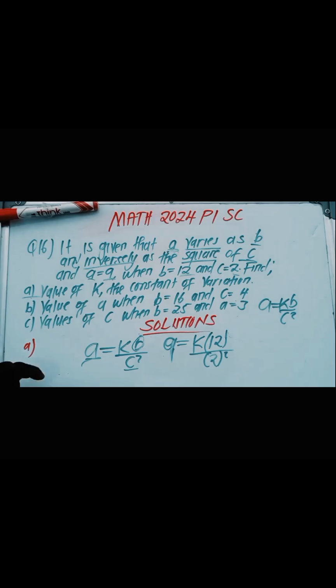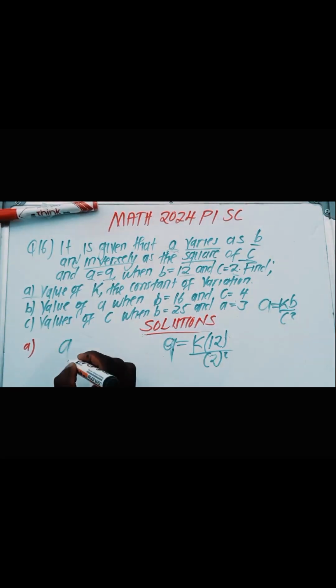So now, after having done that, we just need to do the mathematics part. So it is 9 equals k times 12, so 12k divided by 2 squared, which is 4.